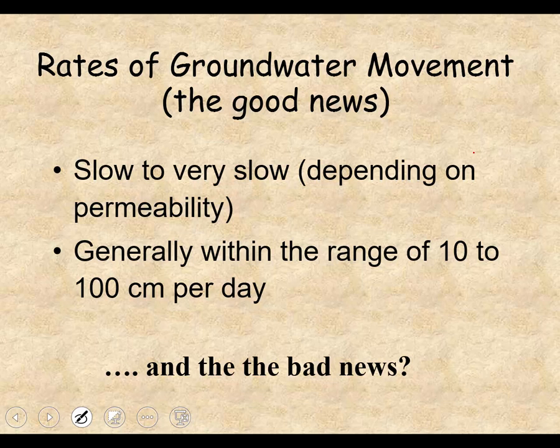So if you pollute groundwater, it's not like a river where the pollution could go downstream in days. But the bad news is that it is slow to recharge. So if you're trying to pump it out, that's a limit to how fast it will pump out as well. So you can't pump it out at rates like you can a river either. And you can't clean it up like you can a river. It's much slower to clean.